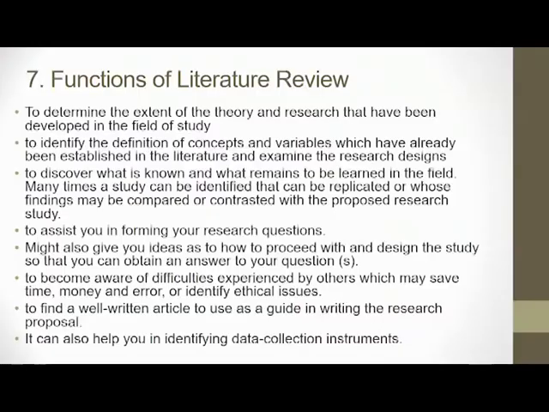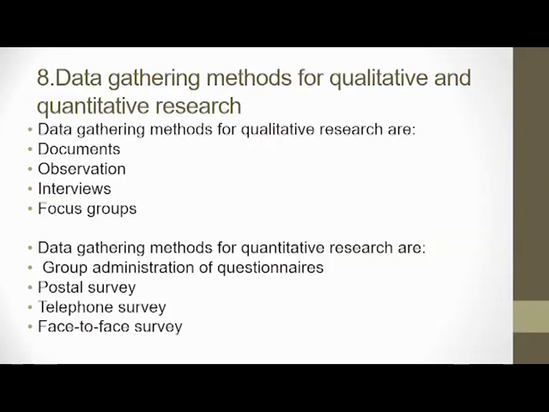It can also help you to identify data collection, as I mentioned earlier, the data collection instruments that other researchers have used. Then data gathering methods for qualitative and quantitative research. The qualitative research mostly uses documents, observation.